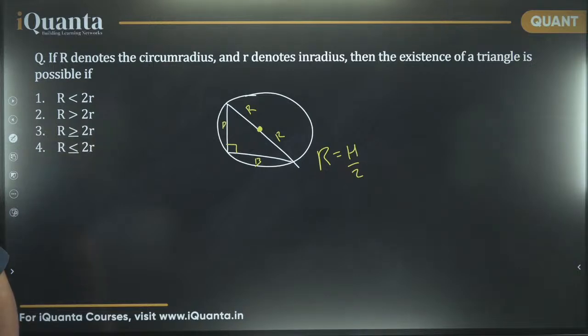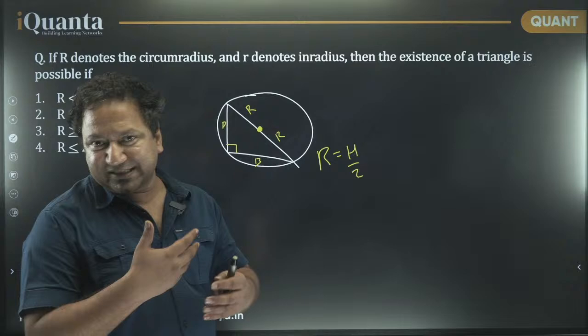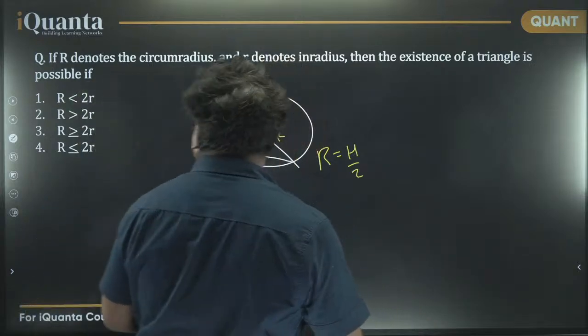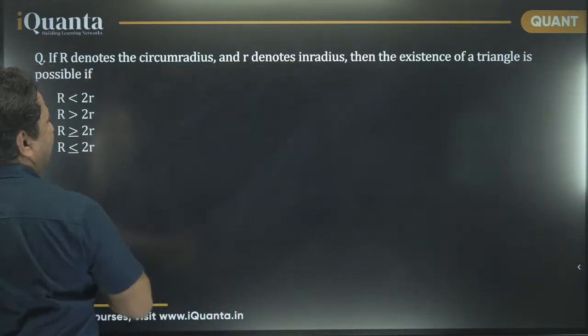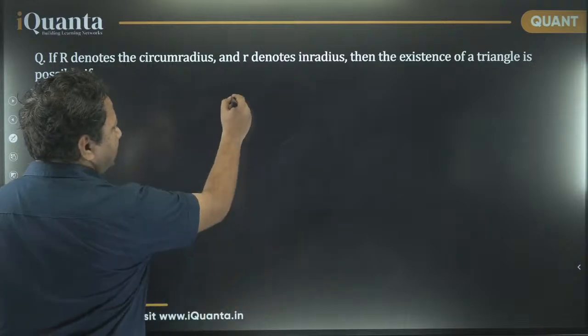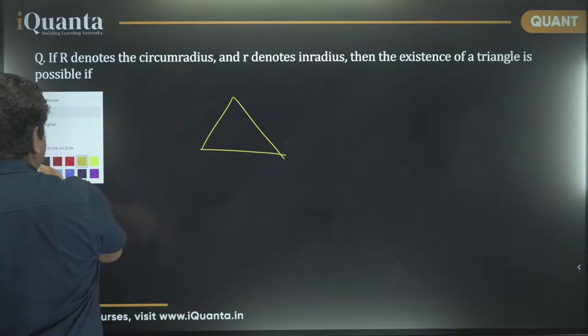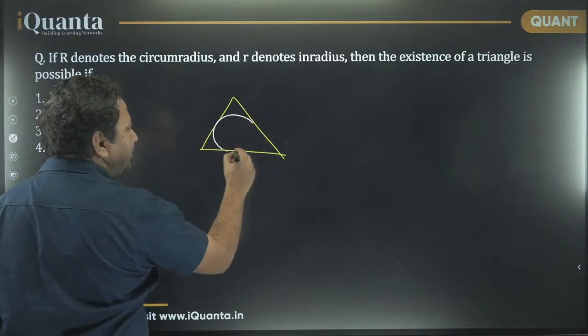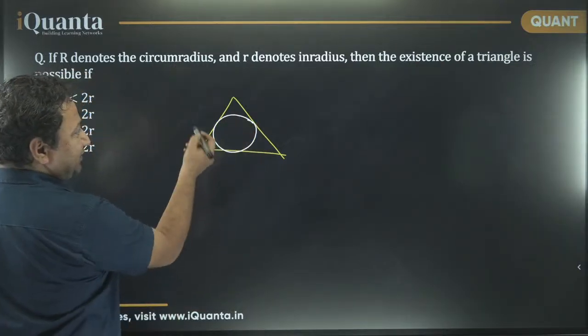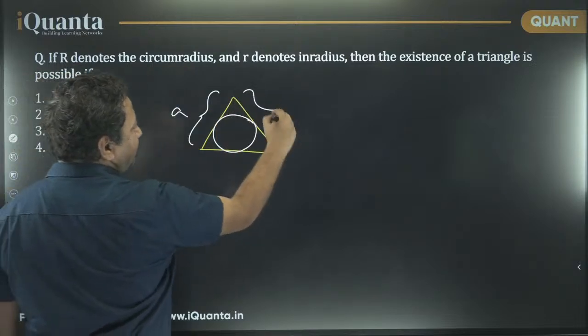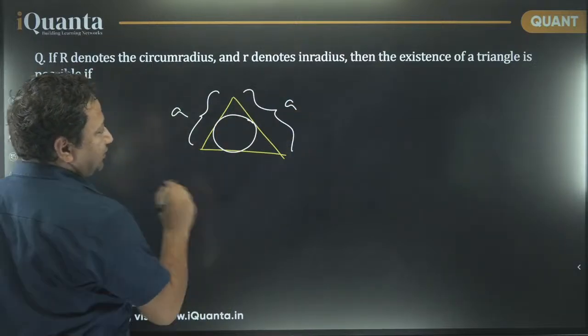So we have discussed a scalene triangle, we discussed a right angle triangle. Now let us discuss an equilateral triangle. So now I am assuming an equilateral triangle, and inside I'll put an incircle. Triangle is equilateral. That means the sides are A each. All right.